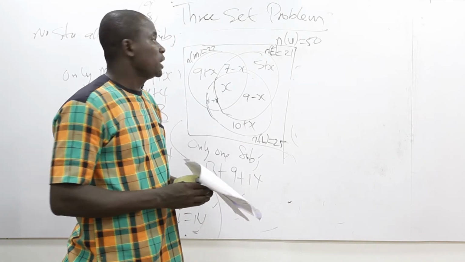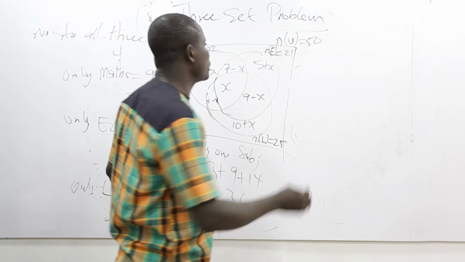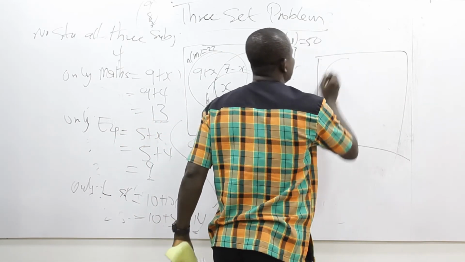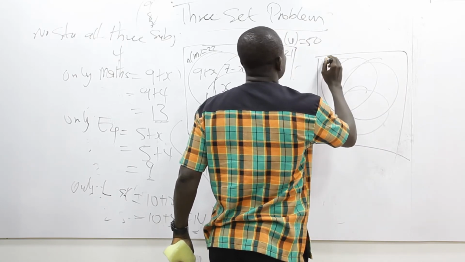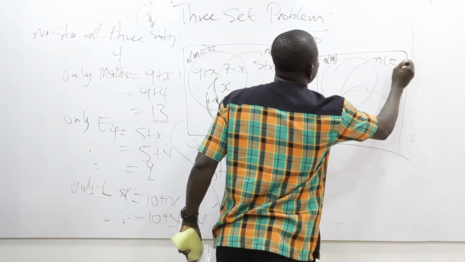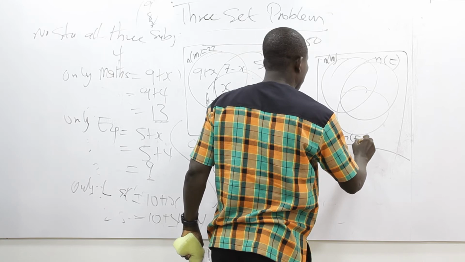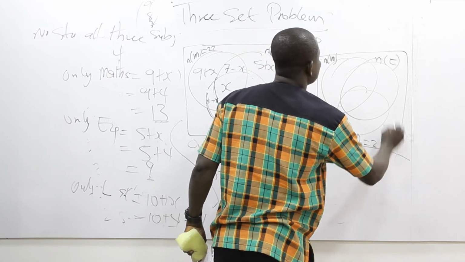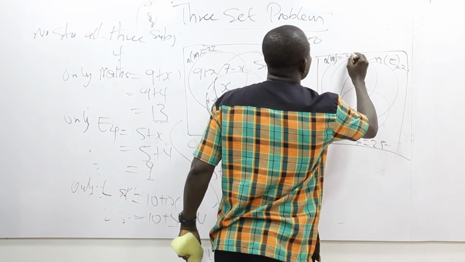So, in the same question, some candidates, after doing this, tend to simplify the diagram this way, okay? Then they do this, they do that, and they do this. Here is your NM, English, and then NL, okay? With the various figures against them. Here is 21. Here is 22.